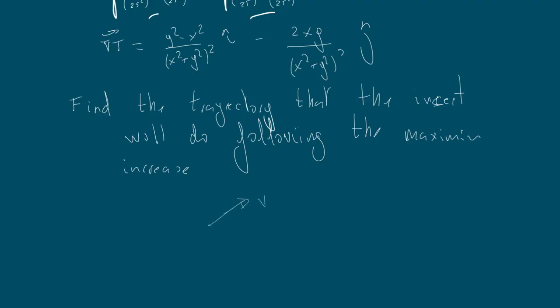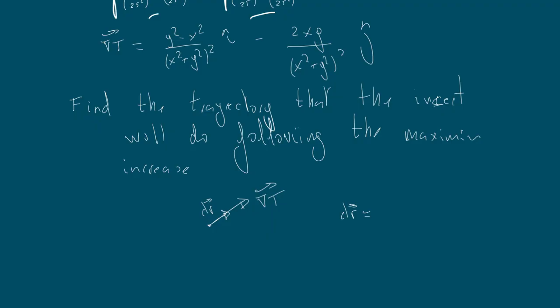It's working now. The gradient of T is a vector and it will point in some direction. Now, we have to follow the gradient of T. So we have to make an increment in the position of the insect in such a way that the change in the position of the insect will be parallel to the gradient of T.